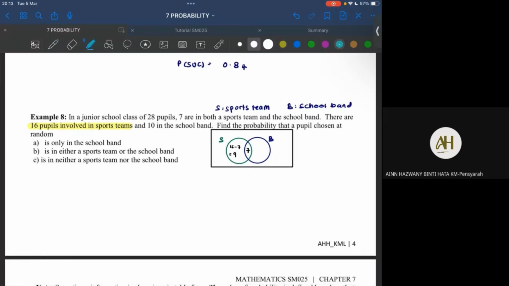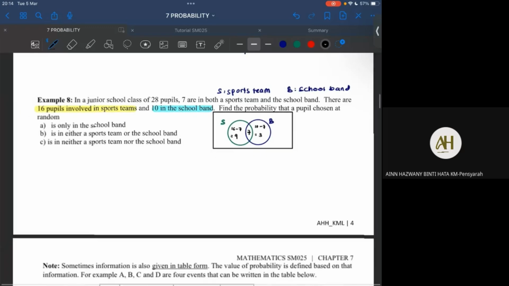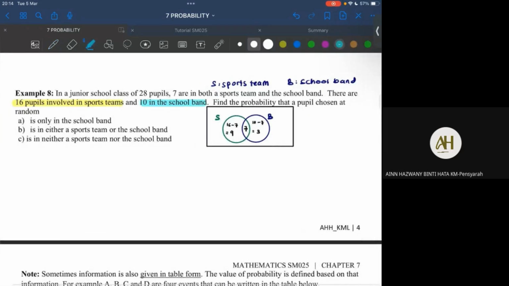For this one pula, 10 in the school band. Okay, kesemua yang biru ini ialah 10. Okay, to find the value here, ini sahaja. Basically kita kena tolak. So 10 minus 7, nilai dekat sini ialah 3. Okay, so we have everything.